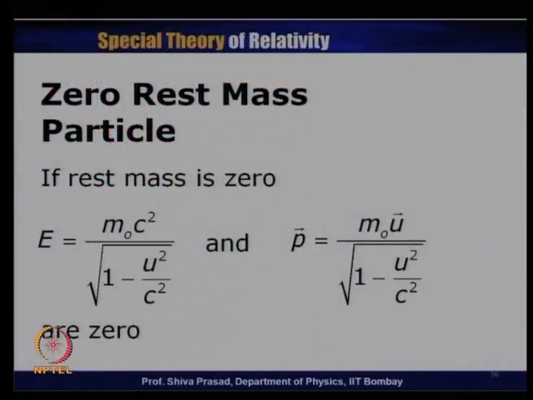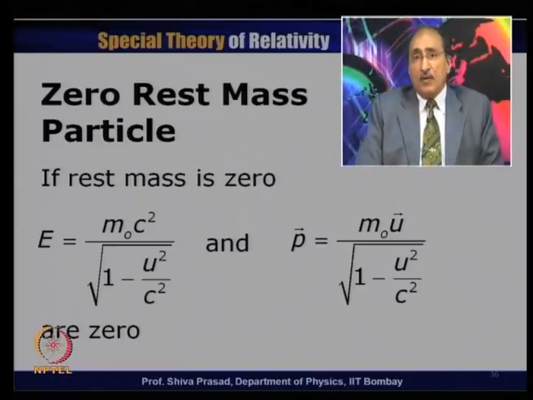The last thing which I would like to describe in today's lecture is a totally new concept which comes out of relativity, which is the presence of a zero rest mass particle. In classical mechanics, we never can imagine a particle which has no mass. But in relativistic mechanics, we can imagine that a particular particle may have zero rest mass, m naught can be 0.